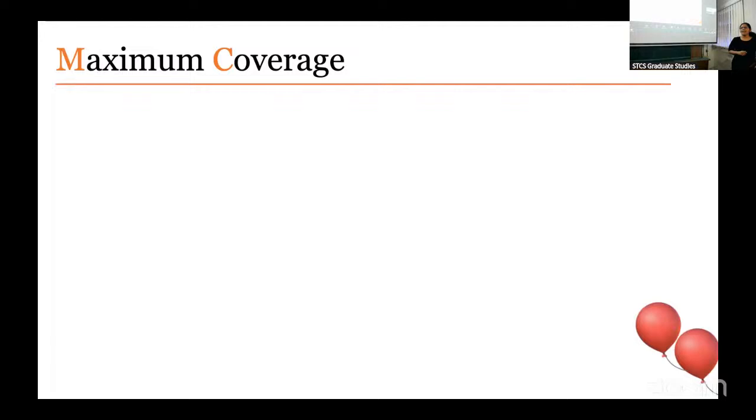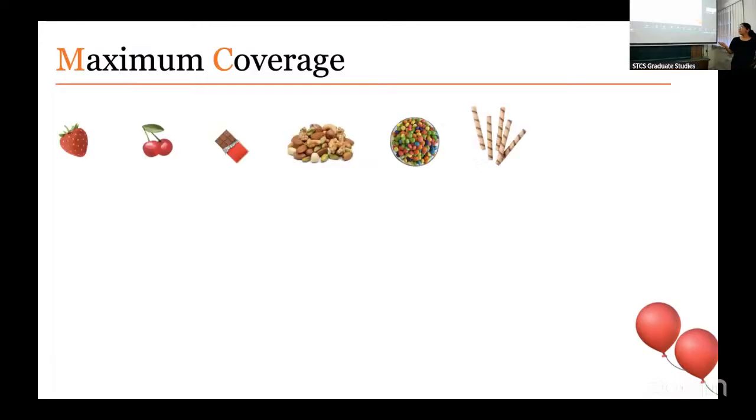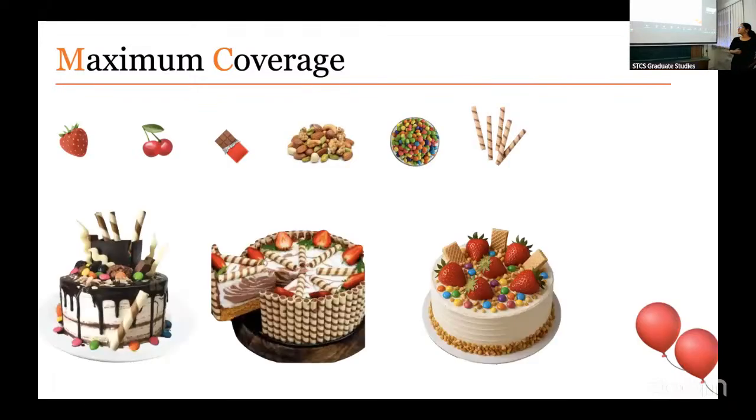Suppose you're planning your birthday party and you want to order cakes, and I think nobody these days likes a simple vanilla cake. Everybody would like to have some toppings. Suppose you know these are the kind of toppings your friends would like. You go to a cake shop, there are some cakes available.